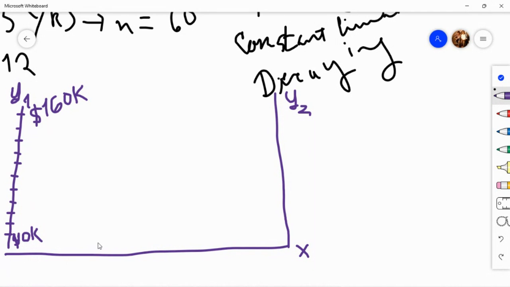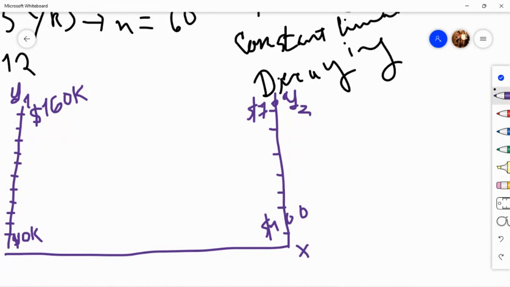I can use my pen. And the second vertical axis, y2, the highest point is 700. And then each notch is 100.